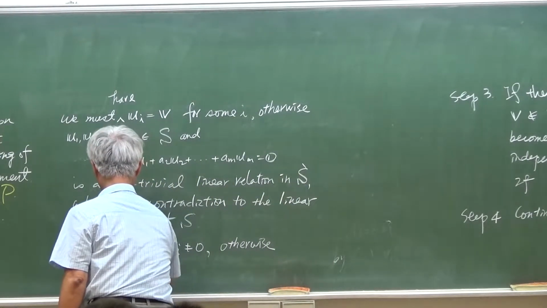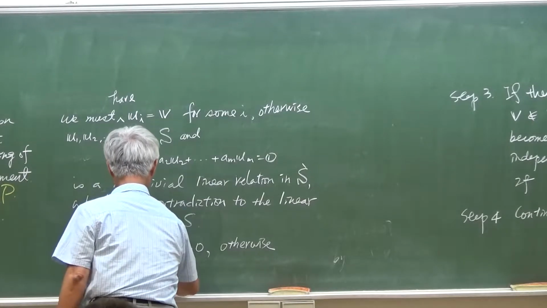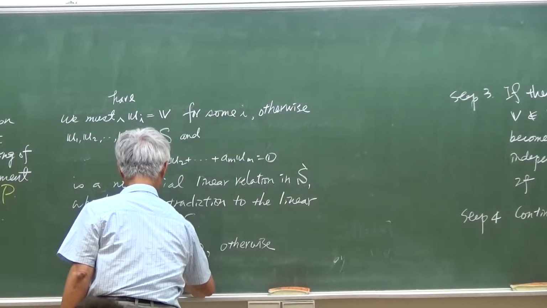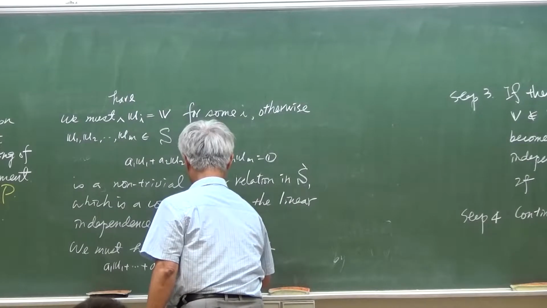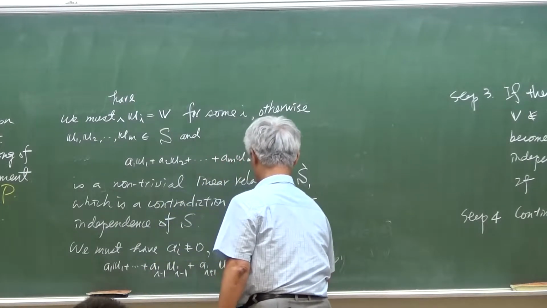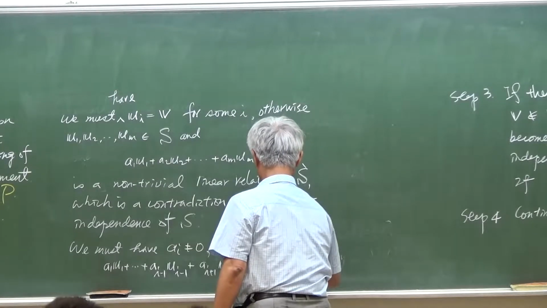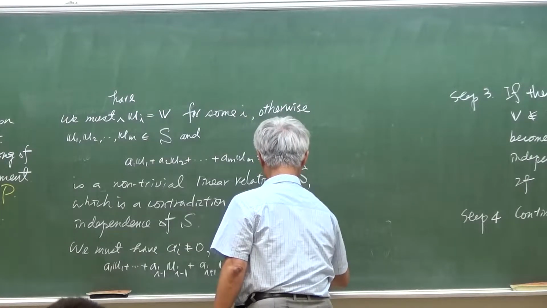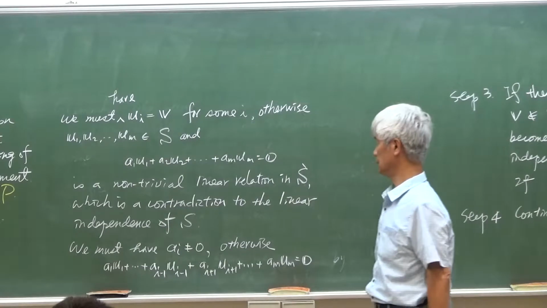a1 u1 plus up to a(i-1) u(i-1) plus a(i+1) u(i+1) plus up to am um equals 0.